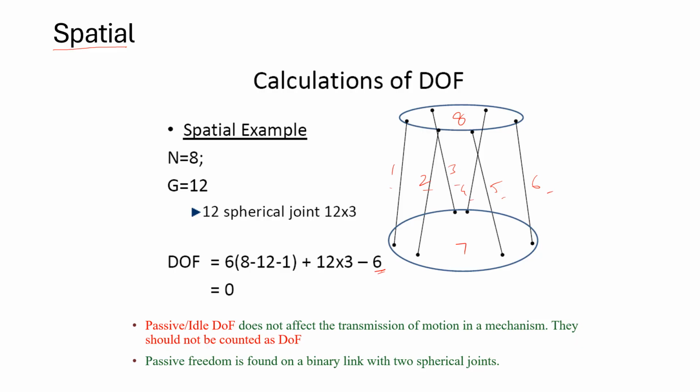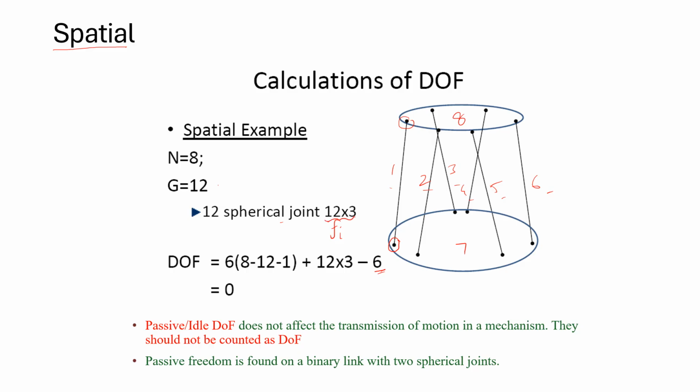So it is a binary link with two spherical joints. So you have a total of 12 joints. As you know, the degrees of freedom of each spherical joint is 3, so for the sum of fi you just get 12 into 3, right?